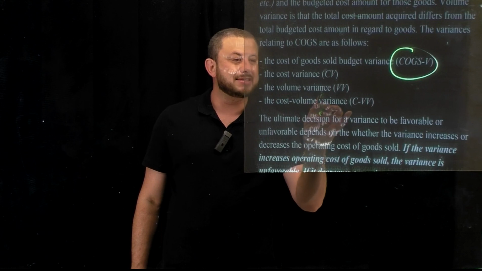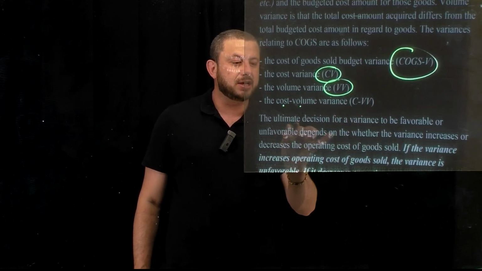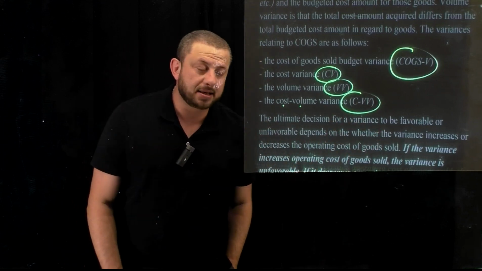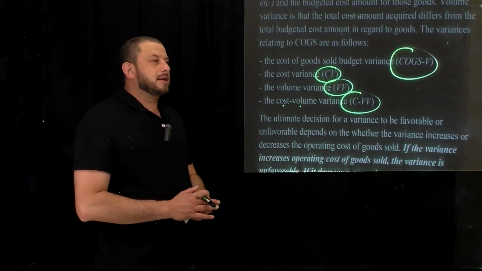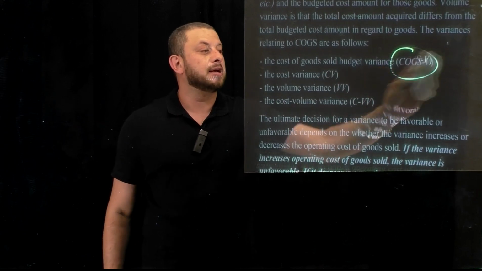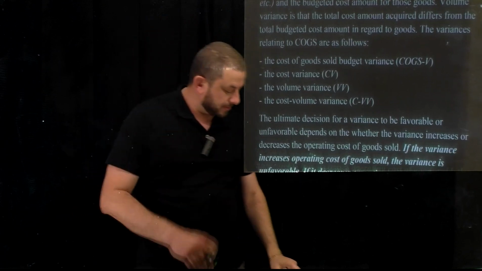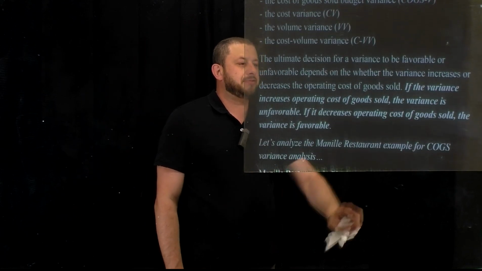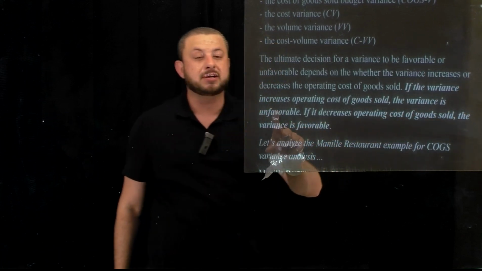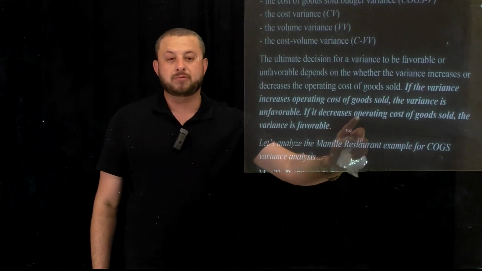We're going to find out CV, which is the cost variance, and then VV, which is the volume variance, and then we're going to combine them and find out cost and volume variances simultaneously on a combined level, and then we will analyze the cost of goods sold budget and actual differences, which is the variance. Again, don't forget, if the variance increases operating cost of goods sold, the variance is unfavorable. Of course, you don't want your cost of goods sold to increase, that's why it's unfavorable, and vice versa.